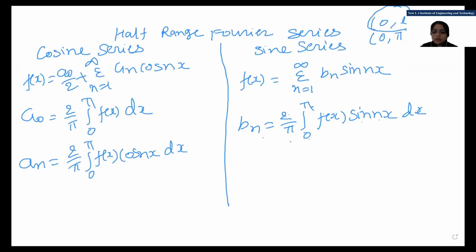So, for better understanding, let's start some examples. Before starting the example, I want to recall one more formula which we did earlier. I want the answer from your side. Integration of e raised to ax cos bx dx. Anyone? Please raise your hand.